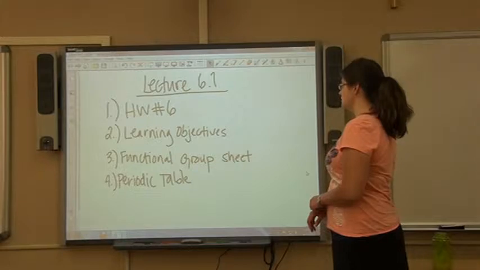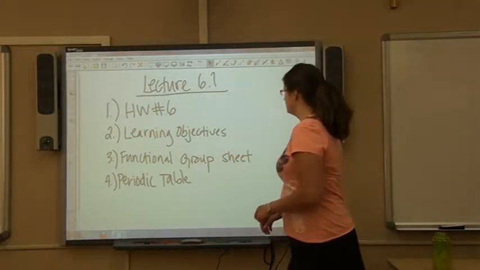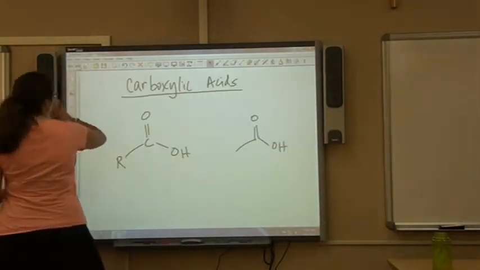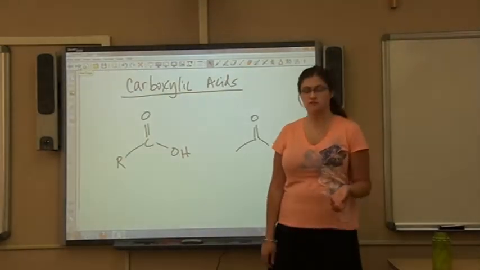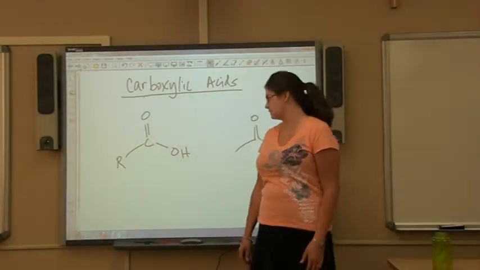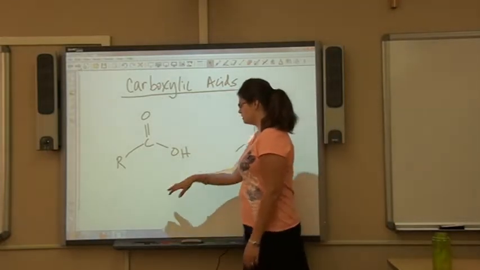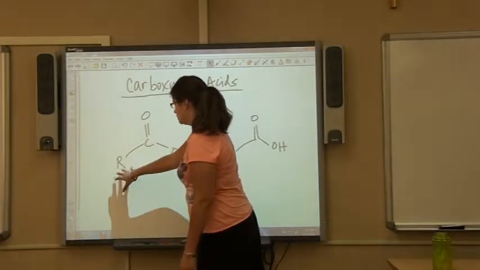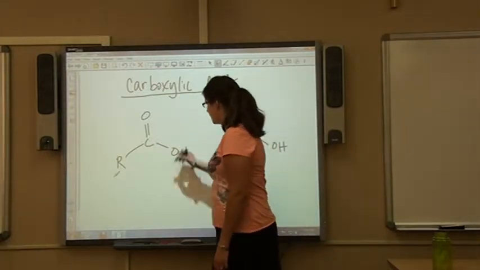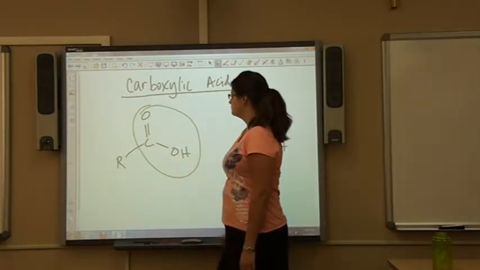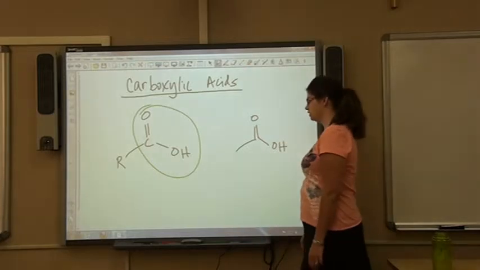Alright, so lecture 6.1, we're going to be starting off with carboxylic acid. This is the general representation for the functional group in the carboxylic acid. Here, this R can be any carbon chain. And the meat of our functional group is this portion right here.